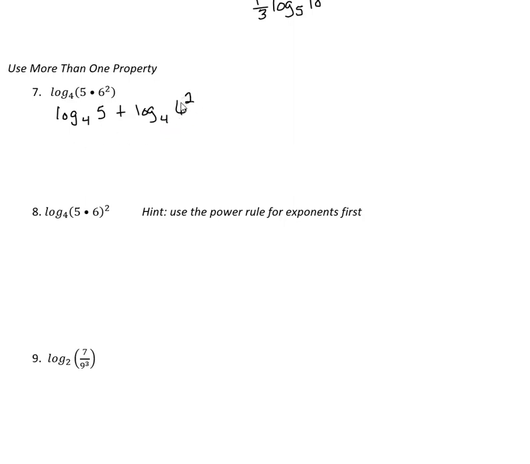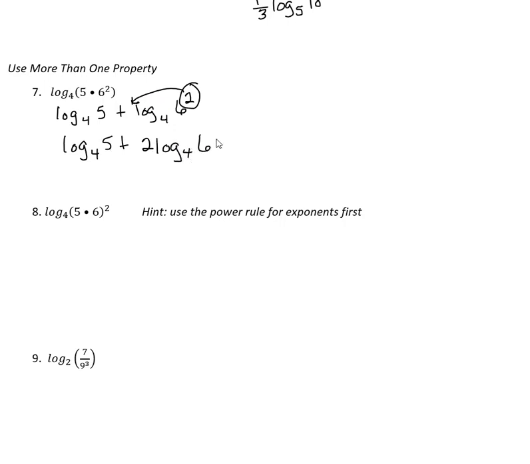Now I can take this 2 and move it up front of my logarithm here using my power rule. So I have log base 4 of 5 plus 2 log base 4 of 6.